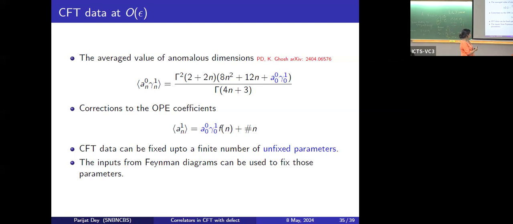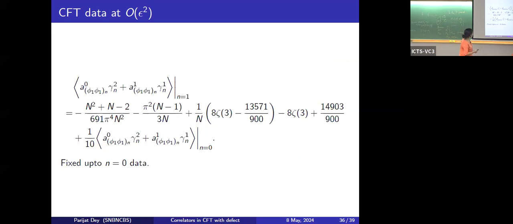If we use these results from the Feynman diagrams, then we can cross check that at order epsilon we resum all these contributions and end up getting the four-point correlation function from the Feynman diagram. So this is a consistency check, but this we need to fix from the Feynman diagrams. Okay, so that's all, and I'll skip the order epsilon squared.